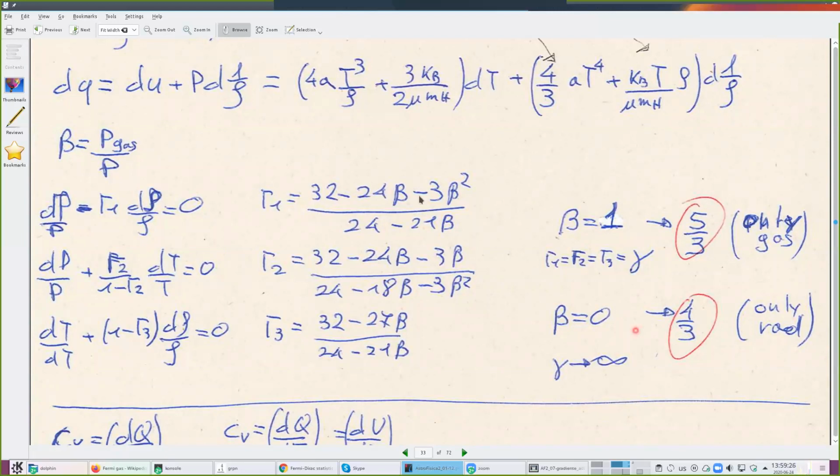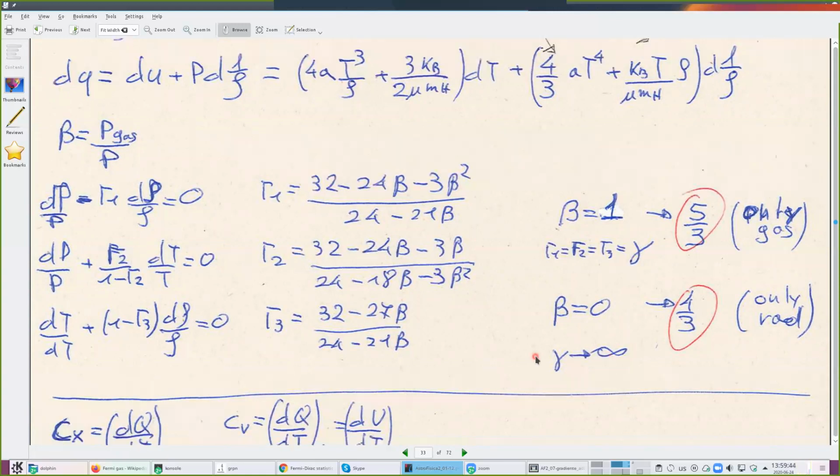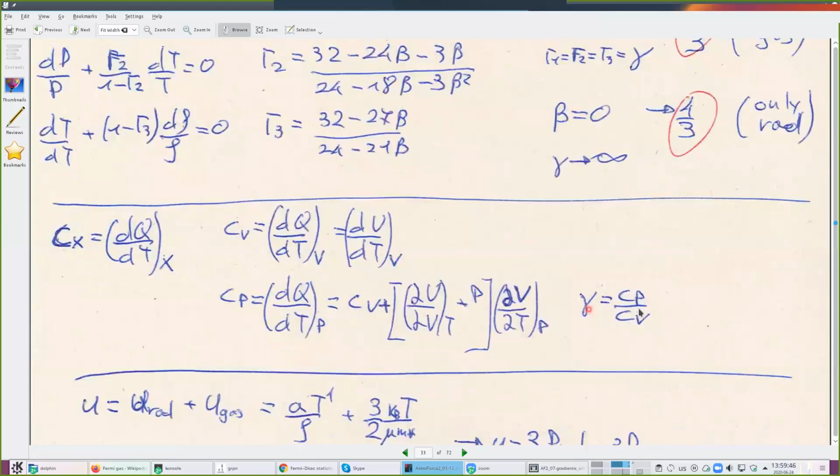But actually, if you have only gas, gamma is 5/3, and this is the adiabatic coefficient. In the case of pure radiation, the adiabatic coefficient goes to infinity, because gamma is the ratio of the heat capacity at constant pressure and at constant volume, and for radiation this value goes to infinity.